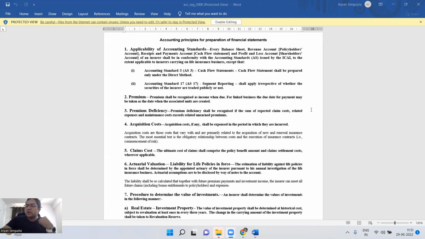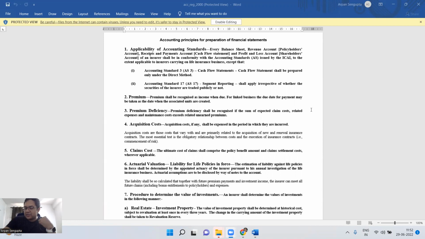And it is also split for business which is carried out in India and business carried out outside India, and between linked business and non-linked business. So these are the segregations that happen in financial reporting: participating, non-participating, business within India and outside India, linked and non-linked business.